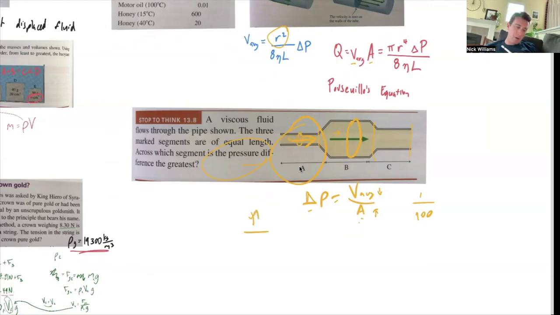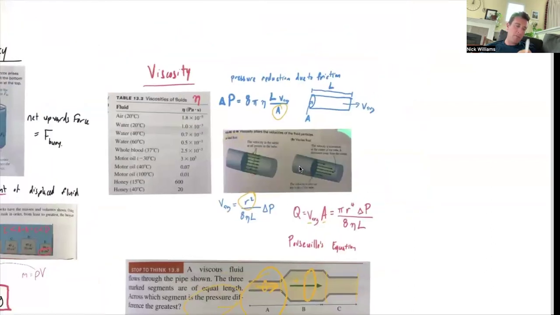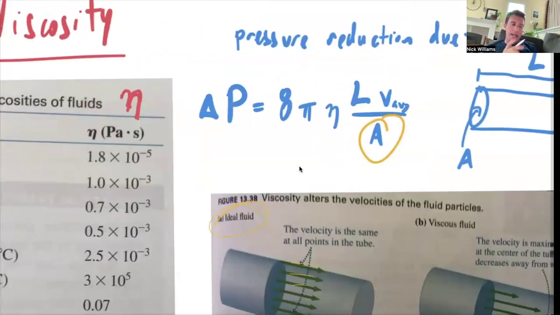So I've got a big number over a small number, like 100 over 1, and that's going to be a big pressure difference. So in order, A is the greatest, which is bigger than C, which is bigger than B. That's based off of that equation, where I kept 8, pi, viscosity, and L the same, so the only differences were the V and the A.